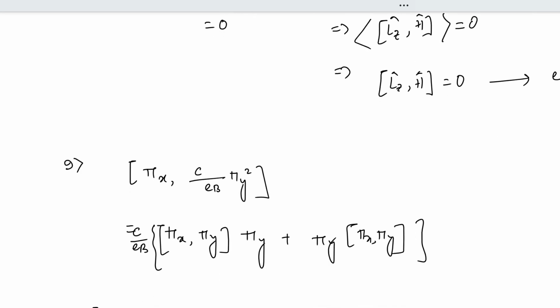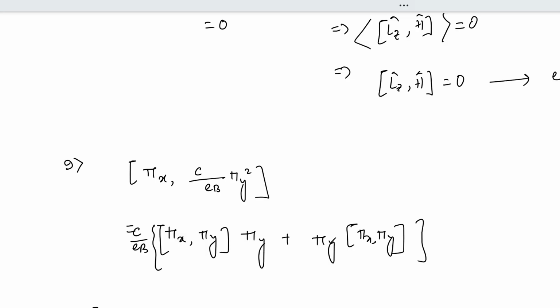So this is equal to this, and then the pi x, pi y commutator bracket is nothing but you represent pi x as px minus e Ax by c, comma py minus e Ay by c, sorry, this is by c actually, and this, as per the relation given in the question, is minus e Ax by c.